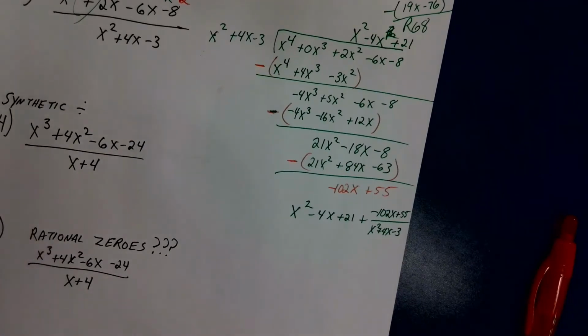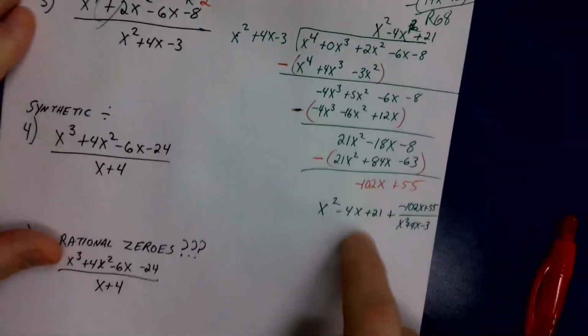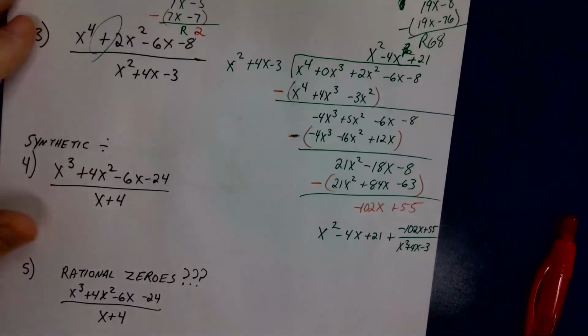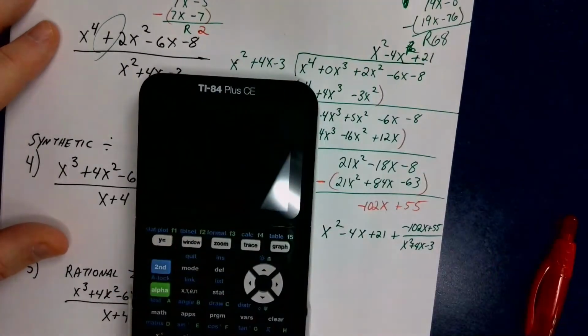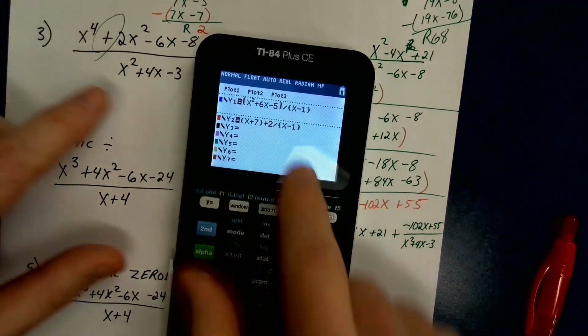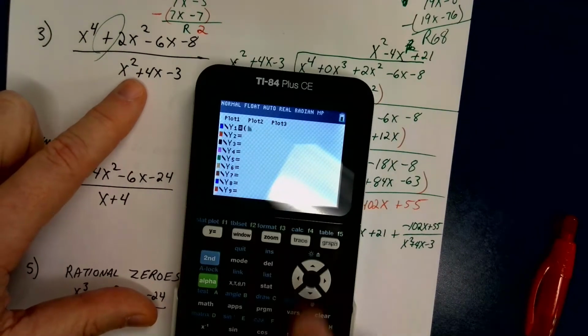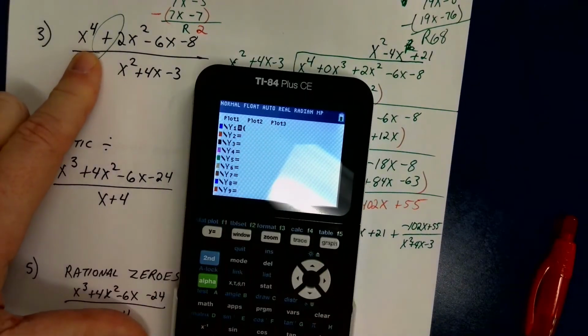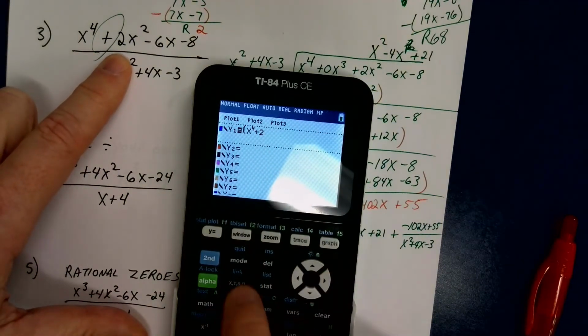Okay, so again, I believe that this and this are the same. Again, you could pause the video right now, check it, plug it into your calculator, see if you can do that. I'm going to go ahead and do it right here. Again, pretty decent pace, I'm hoping. So y1, x raised to the fourth, plus 2x squared.